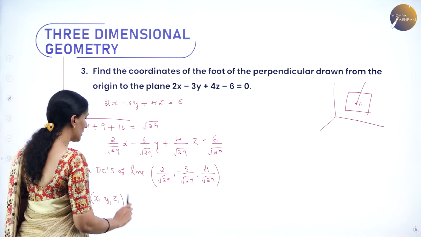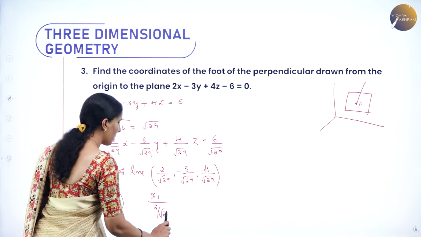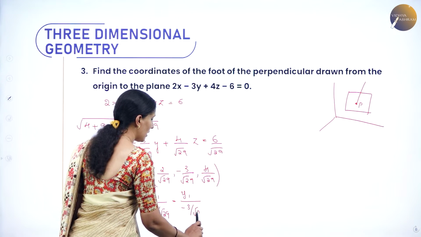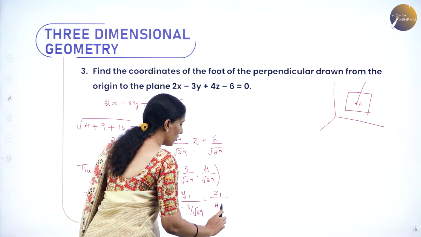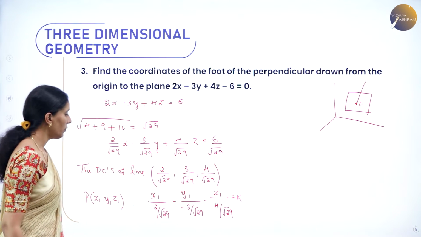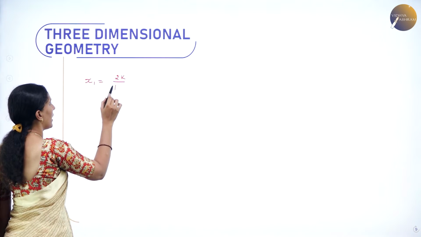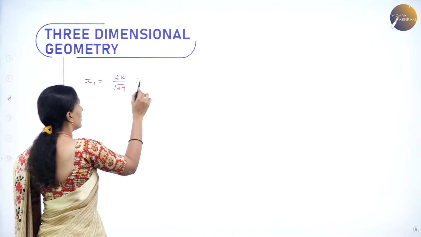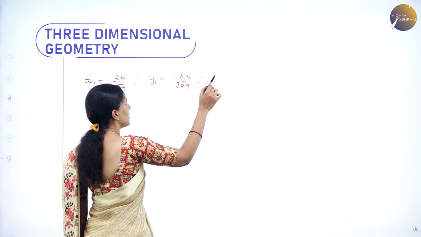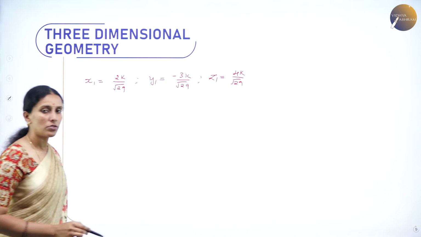So x1 divided by 2 by root 29 is equal to y1 divided by minus 3 by root 29, which is equal to z1 divided by 4 by root 29, is equal to k. When you solve this, you will get x1 as 2k by root 29, y1 as minus 3k divided by root 29, and z1 as 4k divided by root 29. So this is what you will get.